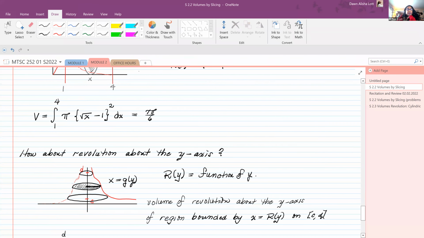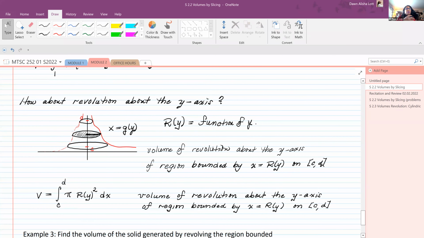region. Okay, so then I said, well, let's suppose we do a volume of revolution about the y-axis, or now we're rotating in this direction. So if we rotate in this direction, our disk is going to be flat. It'll be a horizontal disk, and it's going to move from the bottom to the top.